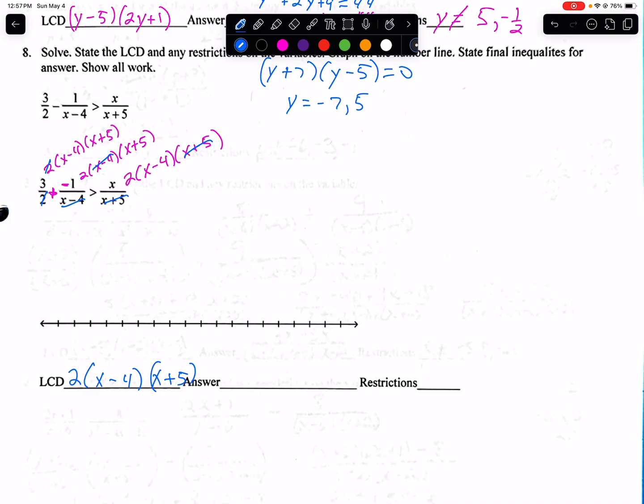So then cancel the 2 out from that, and then the x minus 4 from that.